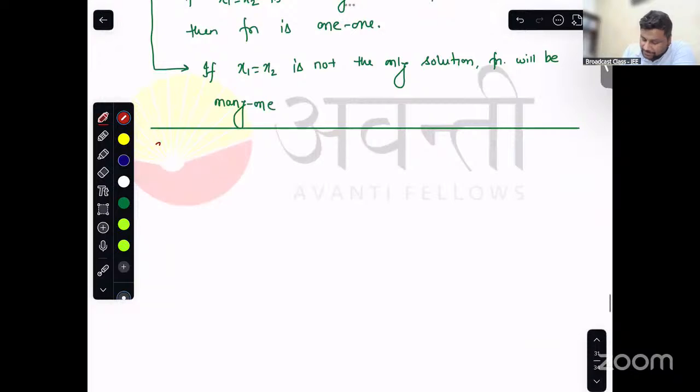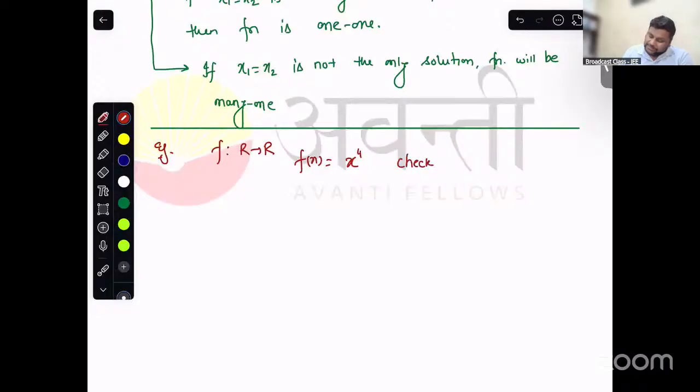Now, like for example, a function f defined from R to R, f(x) equals x to the power 4. Fine. Check for one-one, many-one, onto, or into.